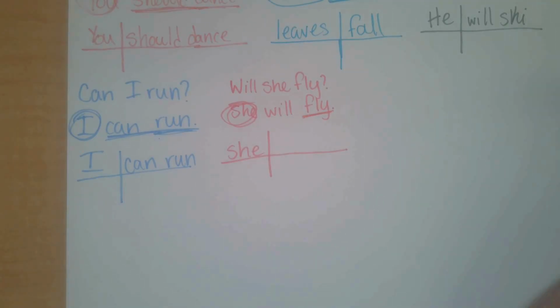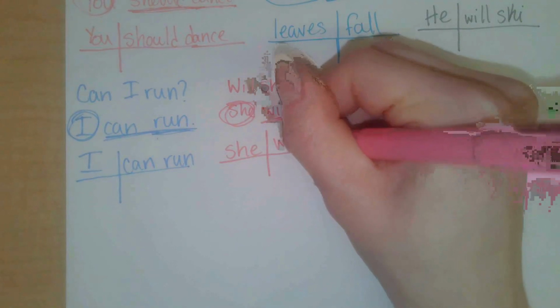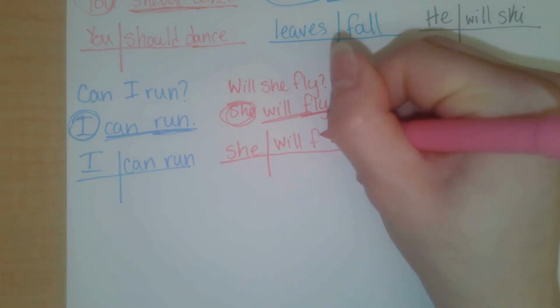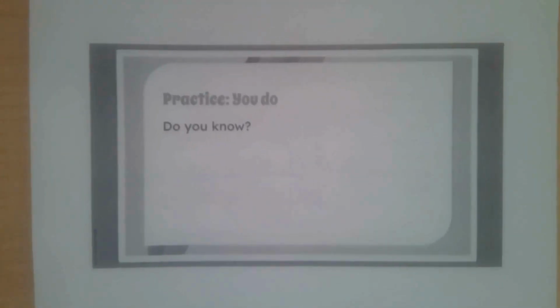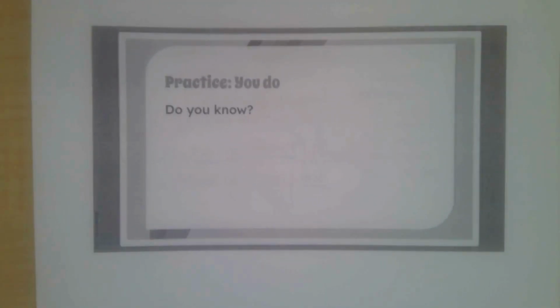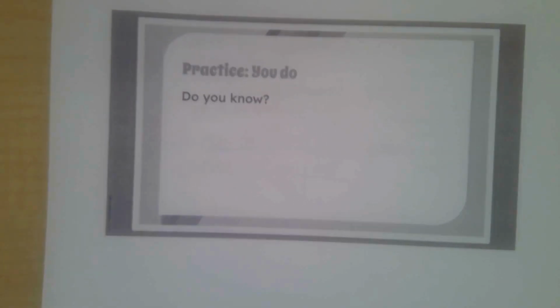She's flying. And we can't have fly by itself, so it's our verb phrase. She will fly. Are you going to do a practice on your own? So pause the video, do this one, do you know, and then I'm going to give you the answer in just a moment here. Go ahead and pause.